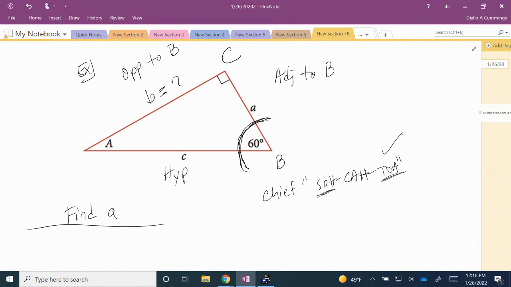When you set up your trig function, there must be only one unknown item, and the unknown item here is just the adjacent.